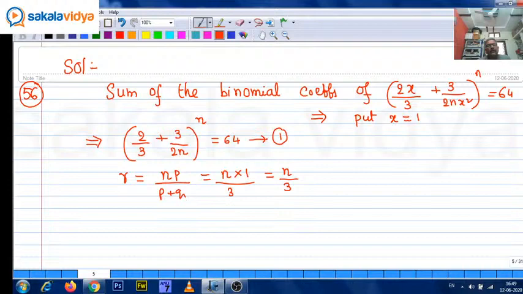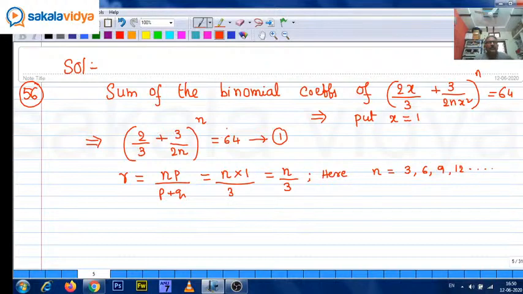Now we got n by 3 is equal to the r value. n is a multiple of 3; sometimes 0 may be there, but if you put 0 it cannot be right. So here n may be 3, 6, 9 and 12 and so on like that.